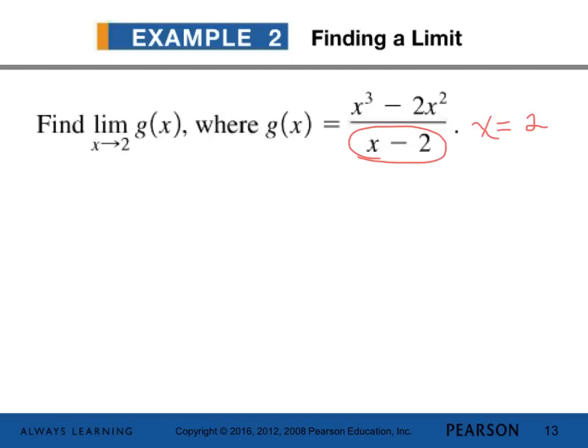We just build a table and let x go from 1.9 to 1.99 to 1.999 and then 1.9999, and we can also choose x to be 2.1, 2.01, 2.001, 2.00001, and even closer if you want to. And what you're going to find using the table is that the limit is actually 4.